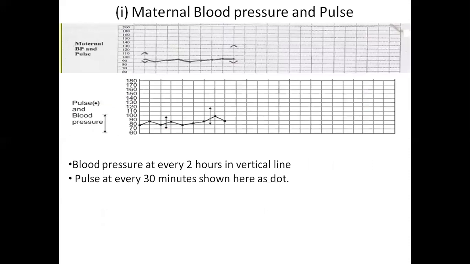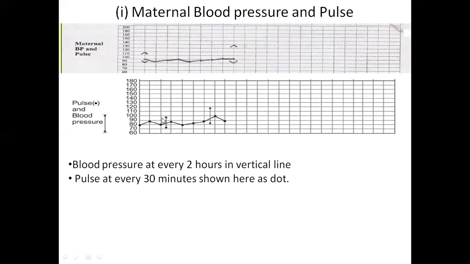Maternal blood pressure and pulse. Blood pressure is recorded every 2 hours as a vertical line, and pulse every 30 minutes, shown here as a dot. So you can see clearly in this image, this is the recording of the pulse, and this is the upper and lower limit of the blood pressure.